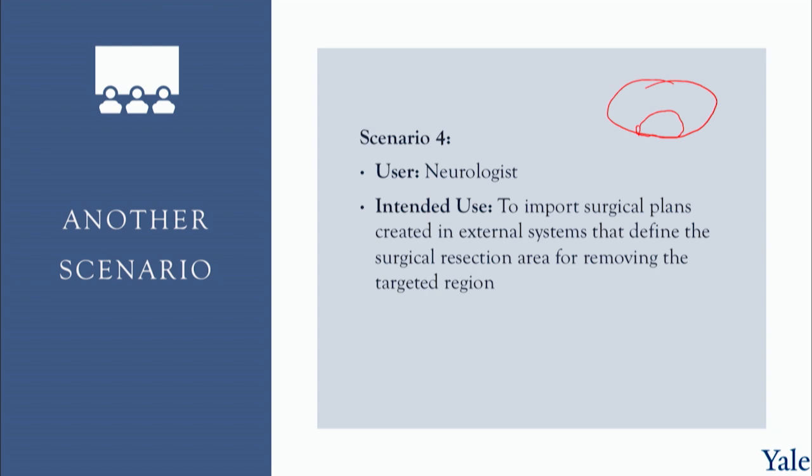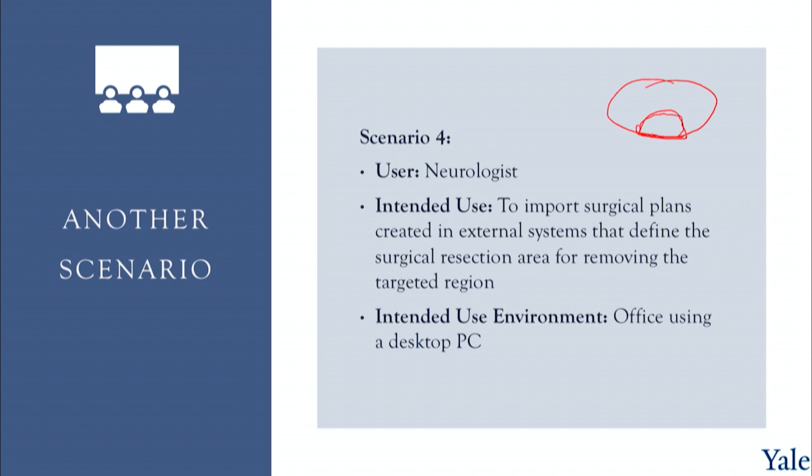And in epilepsy, large chunks of brain get removed. To be able to create this drawing and import it into the navigation system so the surgeon can follow this plan during the procedure. The intended use environment: this is done in their office using a desktop PC. Again, who, what, where, and with what. These are the questions we have to answer.